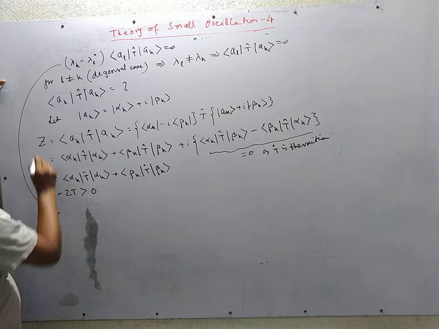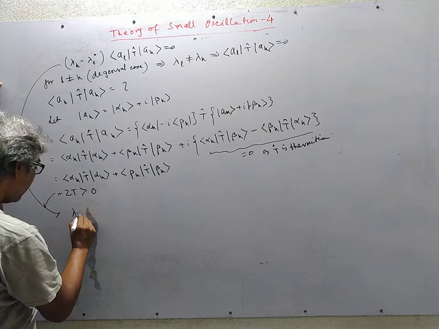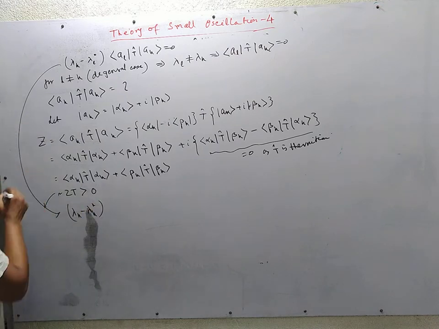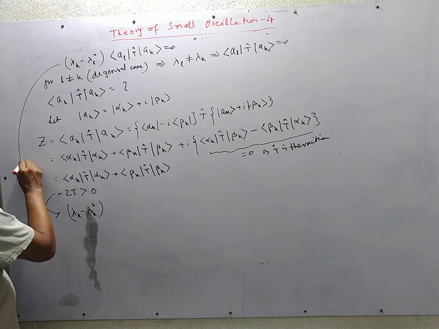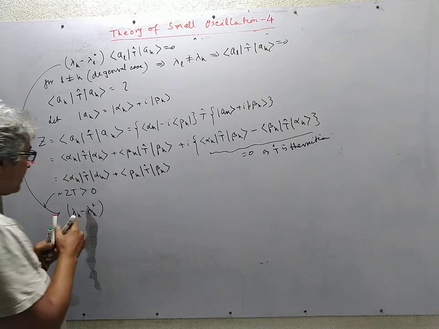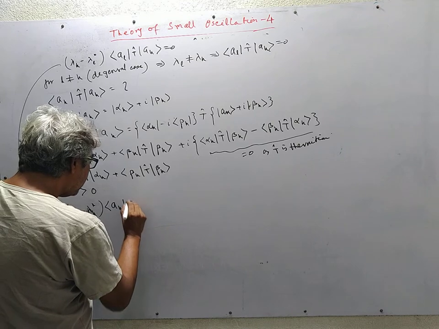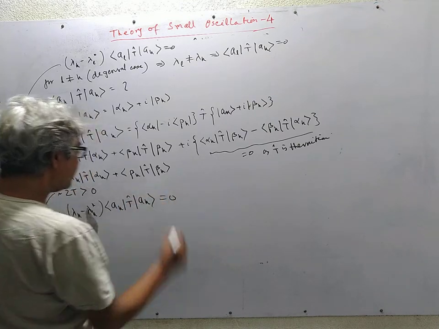For L is equal to k, we see that lambda k minus lambda k star, this is for L is equal to k, we have a_k... is equal to 0.